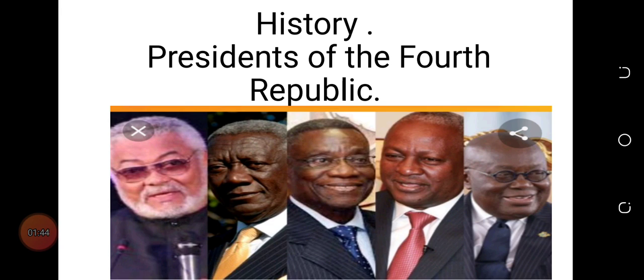You know, on your left, the first image there, the second, I believe you can all recollect, the third, the fourth, and the fifth. Very good. So it means for the Fourth Republic we've had five presidents.